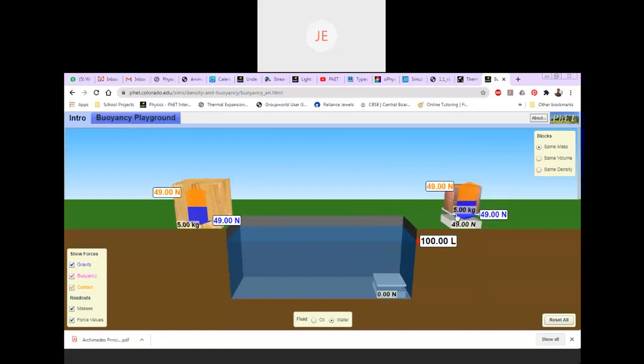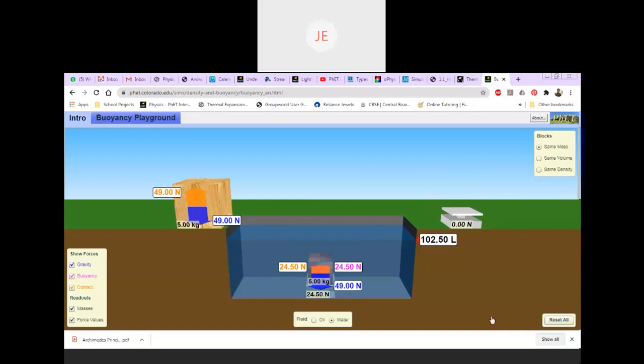Let us take another object. One object I am taking here is 5 kg, and its weight in air is 49 Newton, because 5 into 9.8 gives 49 Newton. Let us keep this body inside the water.